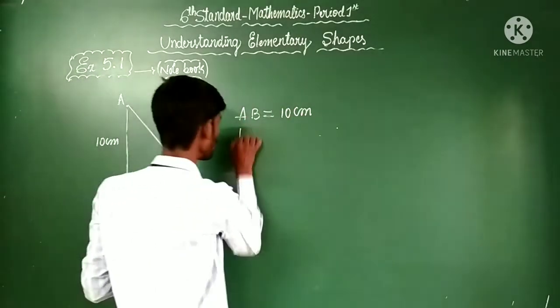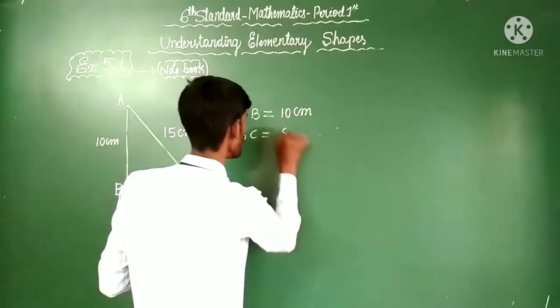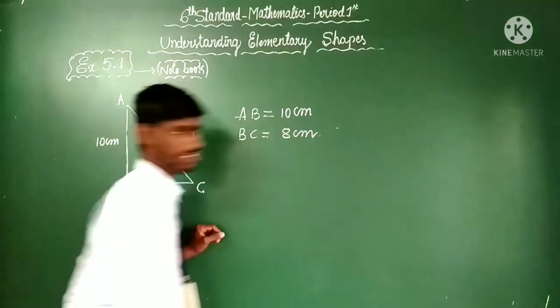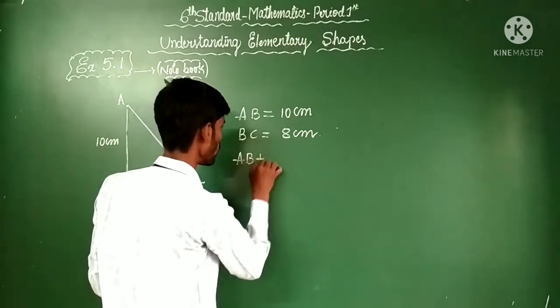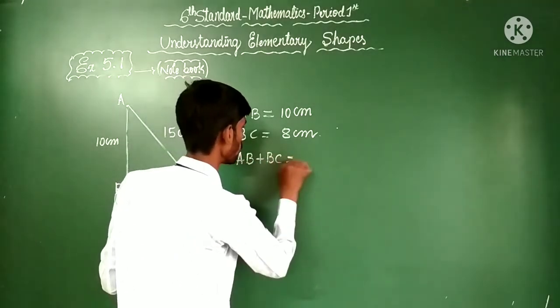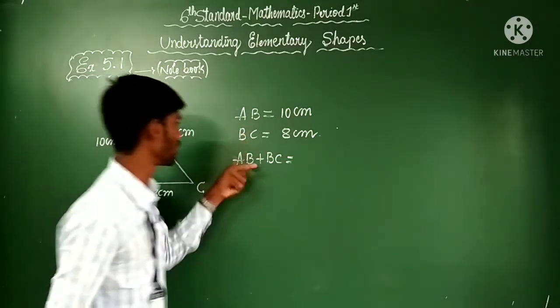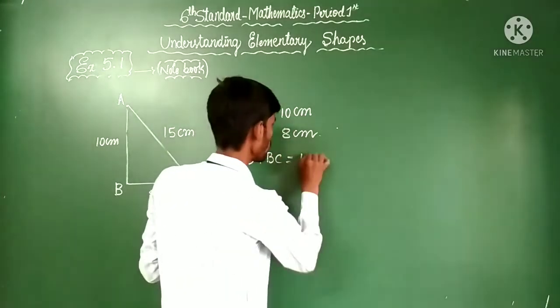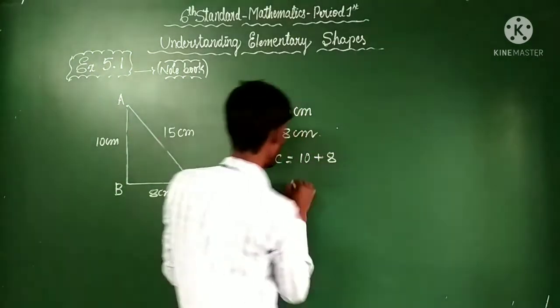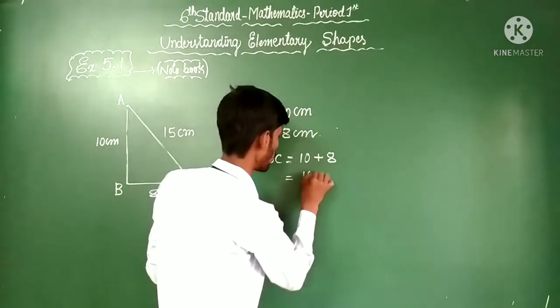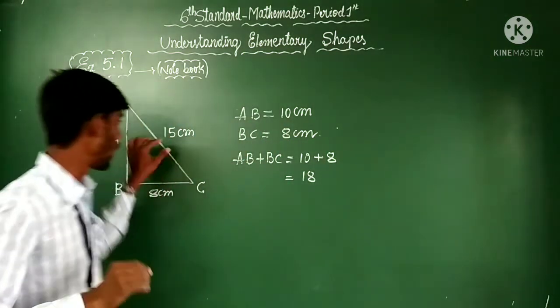BC is equal to 8 centimeter. What is the sum? AB plus BC, 10 centimeter plus 8 centimeter. So what is the total sum? 18 centimeter.